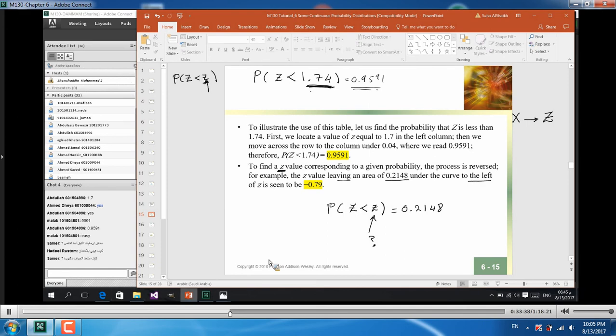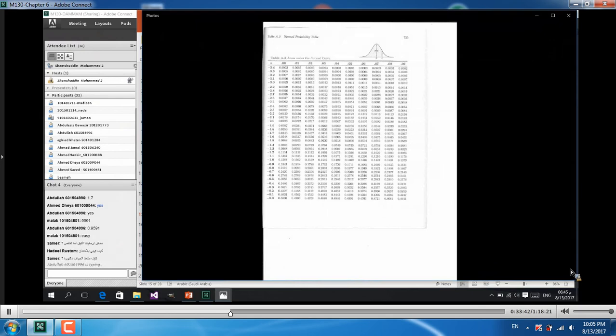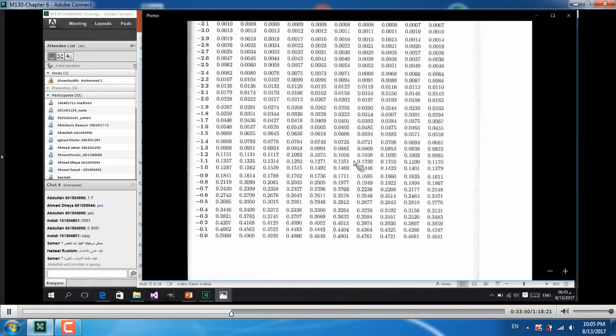You need to go to the table. Put in your mind the number that we have. It is 0.2148. It is in the minus part. So you need to go to 0.2148, and find what it's equal to from the table. You can do that?